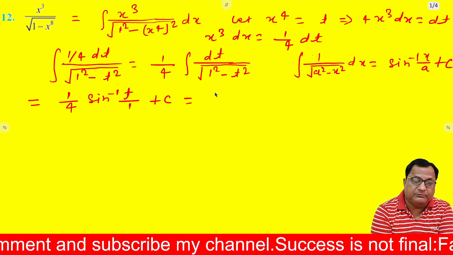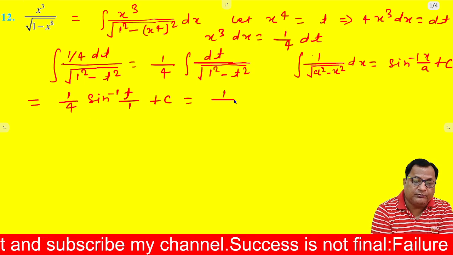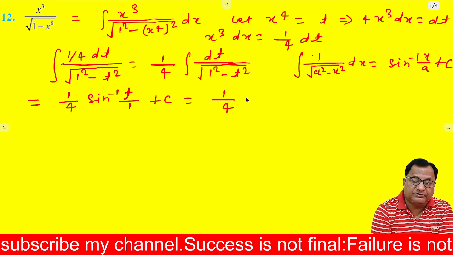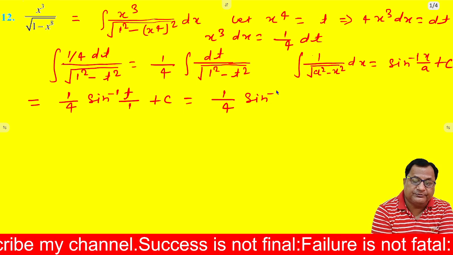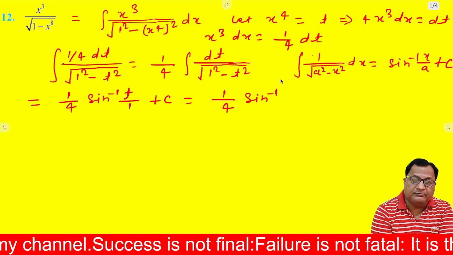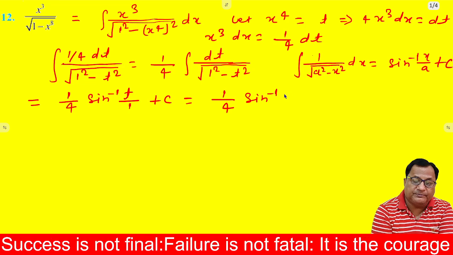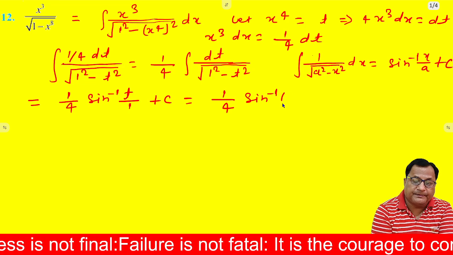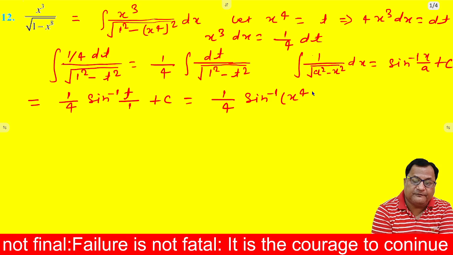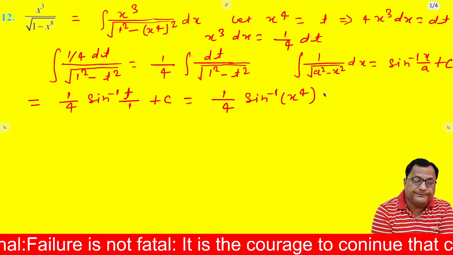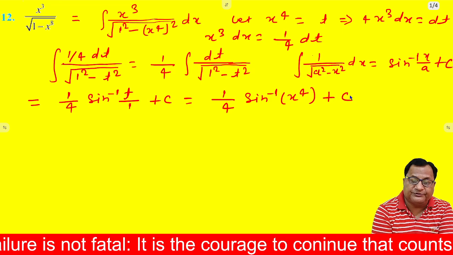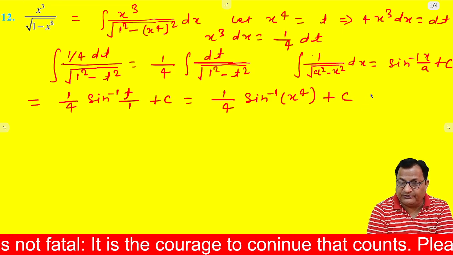Now we will put the value: 1 by 4 sine inverse of t, where t is x to the power 4, x to the power 4, plus c. This is the answer.